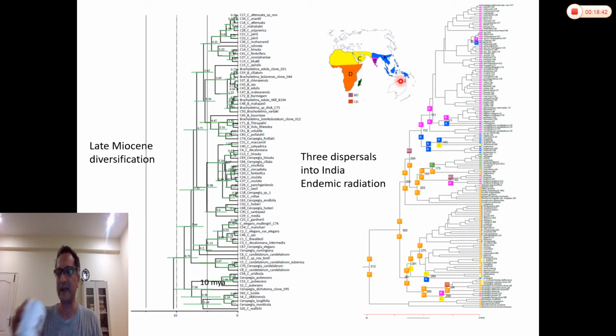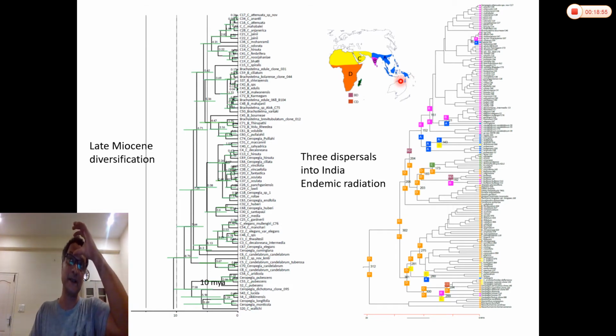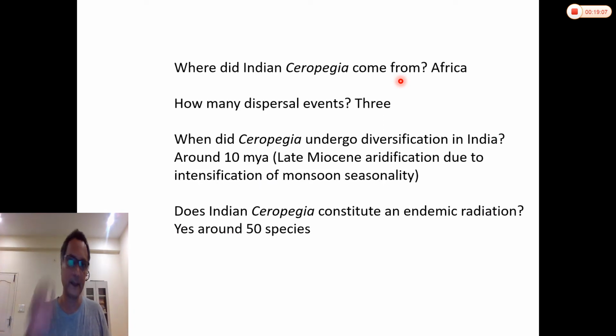So in plants, there are other examples too. Of course, in Ceropegia, there have been multiple dispersals into India, but one of those dispersal events, the earlier one, is the one that went berserk and radiated into many species. Okay, so Ceropegia is a different story.